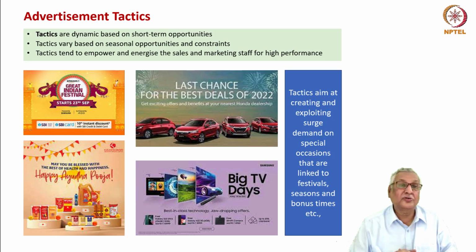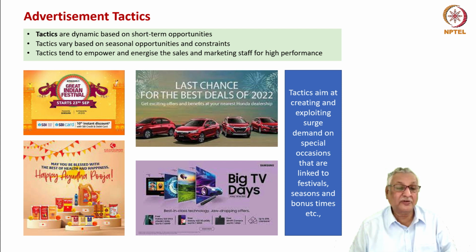Companies also follow advertisement tactics. These tactics are dynamic, based on short term opportunities: a festival, an event, a seasonal activity, and they vary based on such opportunities and constraints. But tactics definitely empower and energize the sales and marketing staff for high performance. You are familiar with Amazon's Great Indian Festival. Flipkart also has a similar festival.